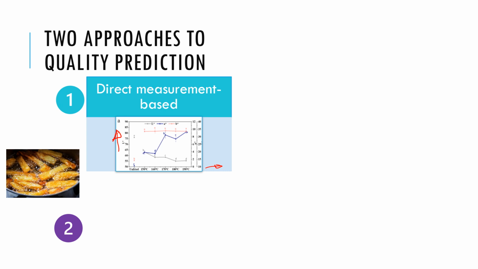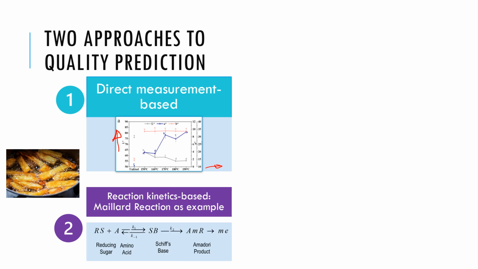This way we relate the color formed to the temperature, and we can use that relationship. The other approach is thinking of the color formation as a sort of reaction. So this is the one that is reaction kinetics based.